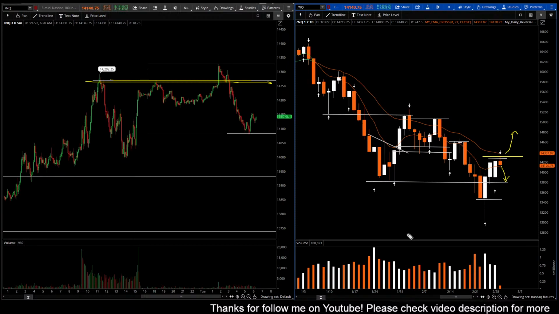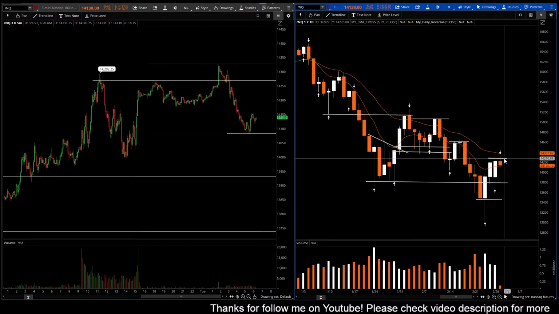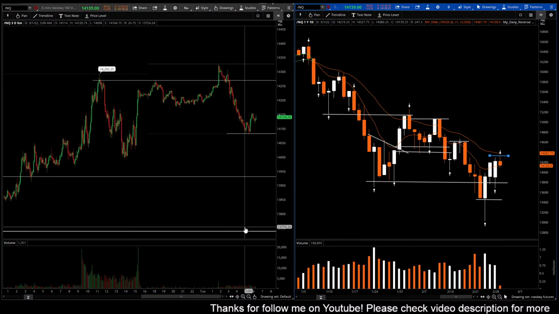Right now we are sitting on the Nasdaq above the 8-day moving average, and we stall just near the 21-day moving average. So we are between two big levels.